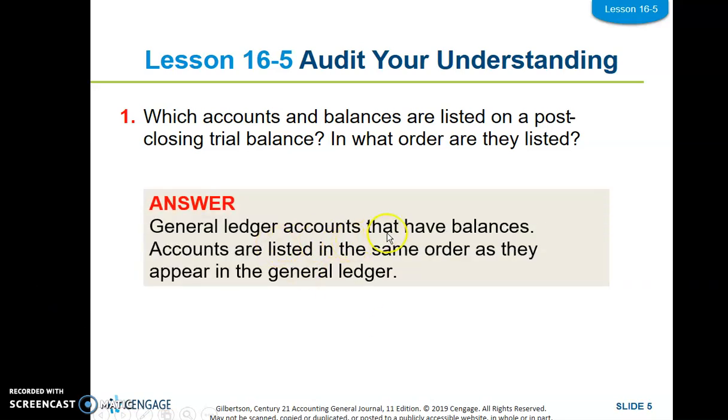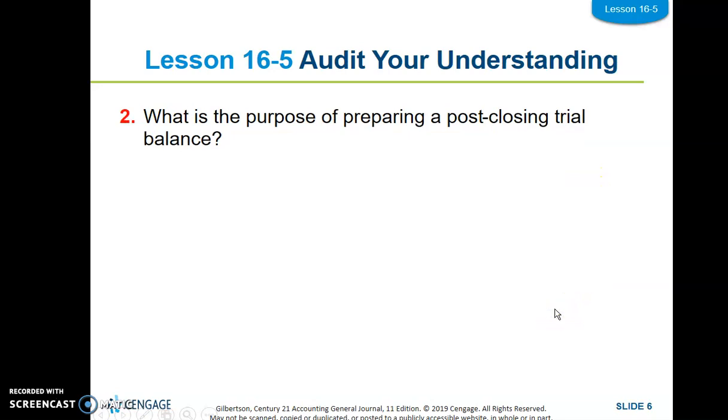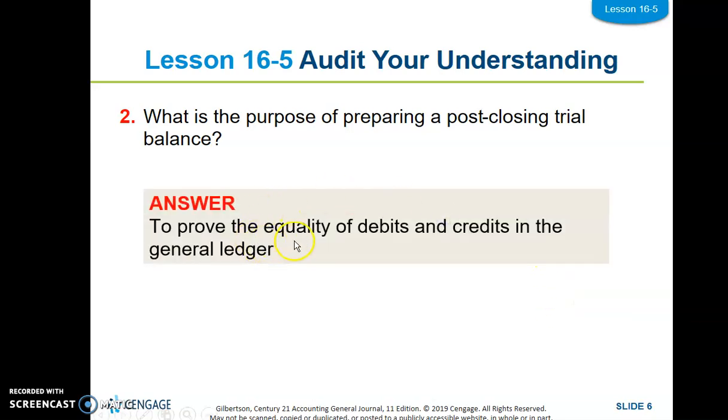The general ledger accounts that have balances, listed in the same order as they appear in the general ledger: assets, liabilities, and equity. What is the purpose of preparing a post-closing trial balance? The purpose is to prove the equality of your debits and credits in the general ledger, showing that the accounting equation is balanced.